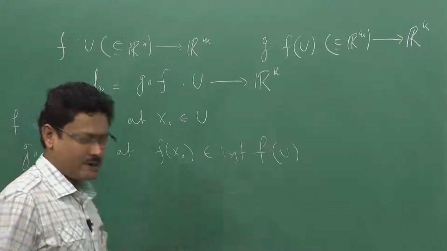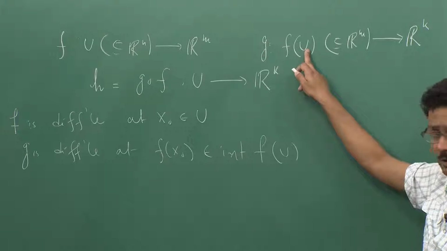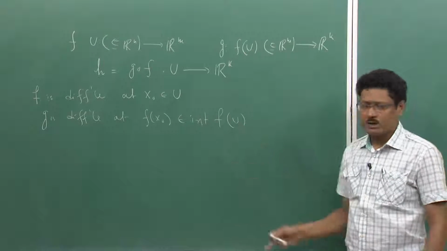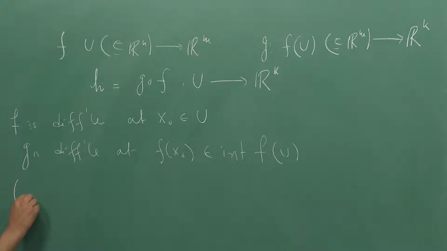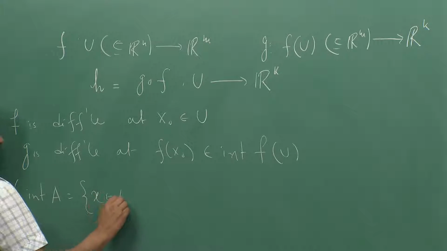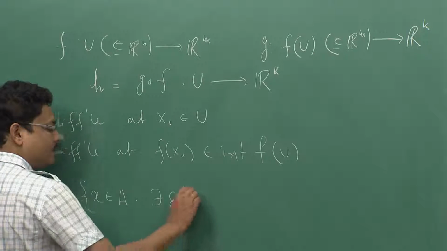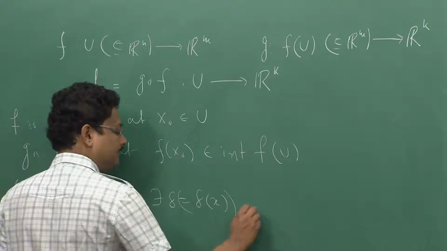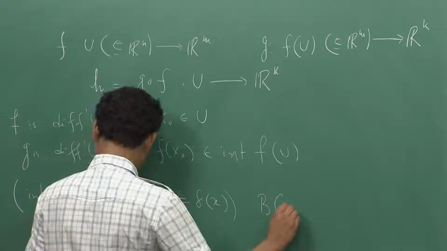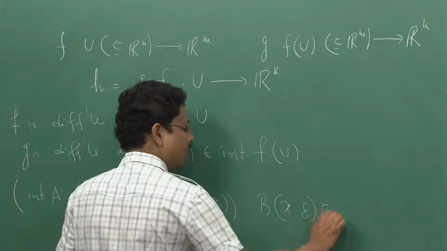Interior of f(U) means the open part of f(U). The interior of a set A is the set of all x in A such that there exists a delta, depending upon x, such that B(x, delta) belongs to A.